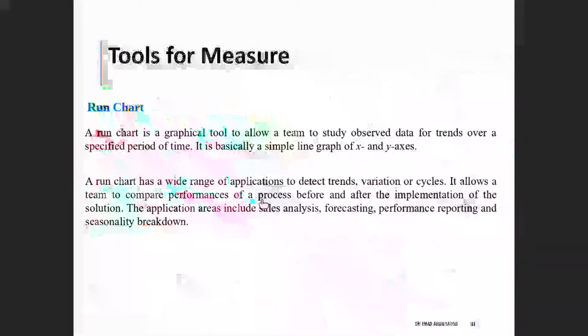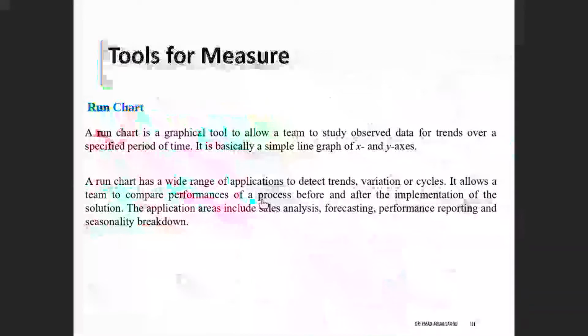Because in the control phase, you would like to see whether your improvement has made any significant change from the previous status of the process. So in the measure phase, you measure the current status, and in the control phase, you use the run chart to see how it changed after the improvement. You can put them next to each other and see the differences. That's one of the other applications of the run chart.